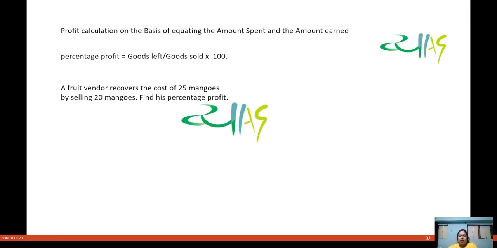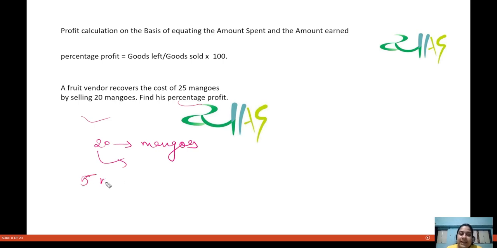See, try to understand how it came. It is saying a fruit vendor recovers the cost of 25 mangoes by selling 20 mangoes. So when he is selling 20 mangoes, the cost of 5 mangoes he is getting from his customers.